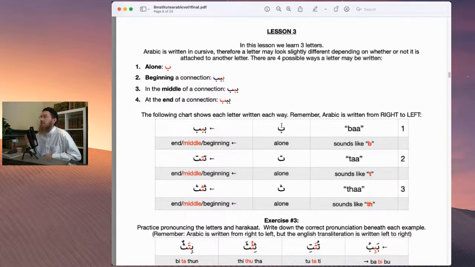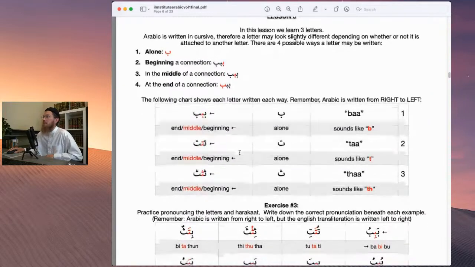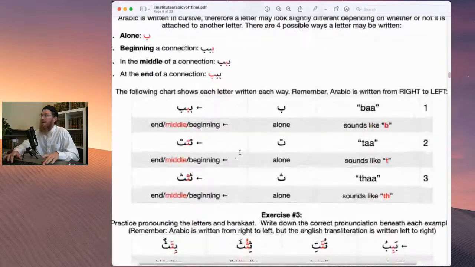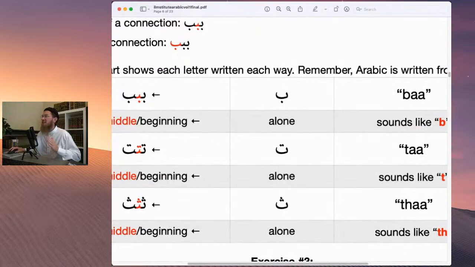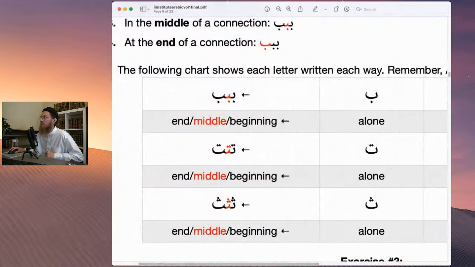And then we have 4 different versions of it. We have how it looks when it's written alone. And then we have how it looks when it's in the beginning of a connection, middle of a connection, and end of a connection. And what we do throughout this book is we use red and black interchanging colors for each letter so that you can really tell the difference, okay?